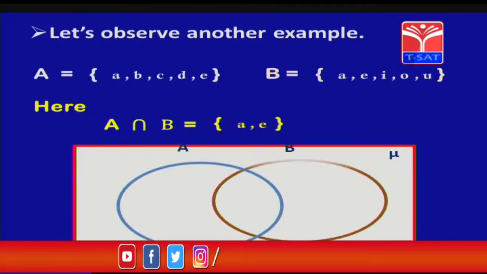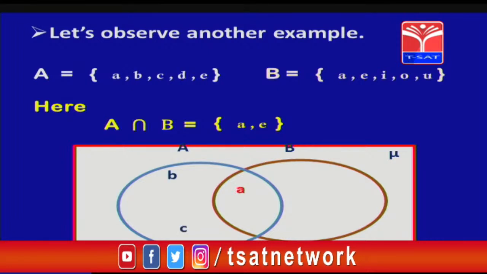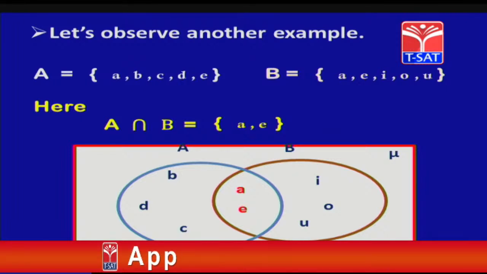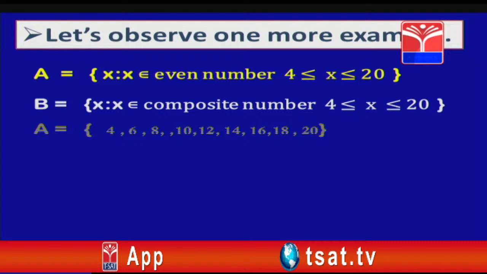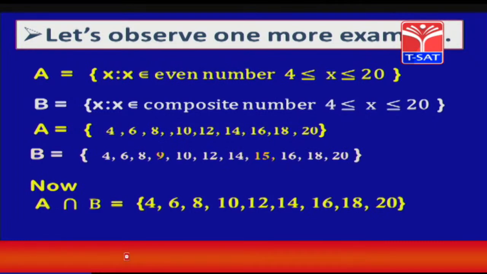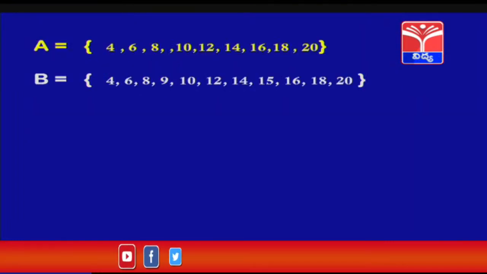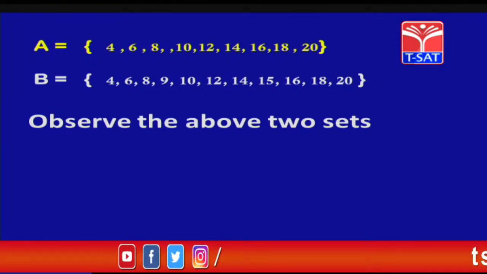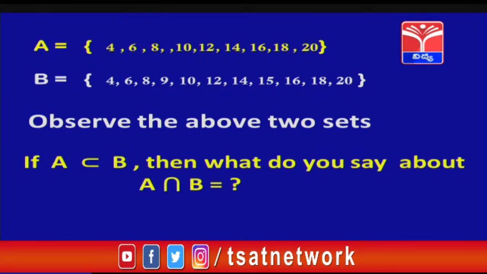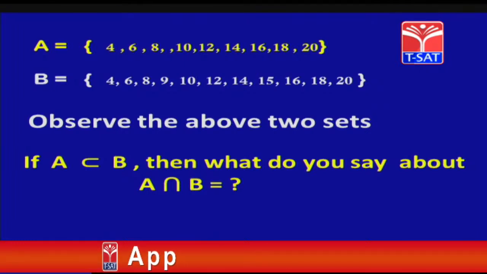Observe another example, the same A intersection B. Let us observe one more example. This is also the same. A is a set; observe these two sets. What happens? You see A intersection B will be A.